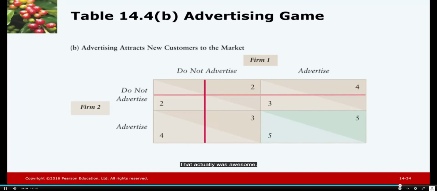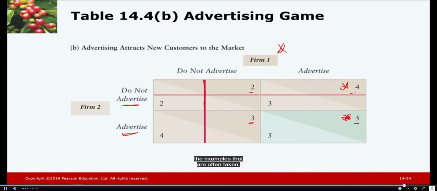Firm one's best response, given firm two doesn't advertise, reading across the top row, firm one's best response would be to not advertise or to advertise. This is greater, so that's what it's going to do. Okay, you can rule that out. Given that firm two advertises, what is firm one's best response? To not advertise and earn this, or to advertise and earn that? Well, that's clearly more.